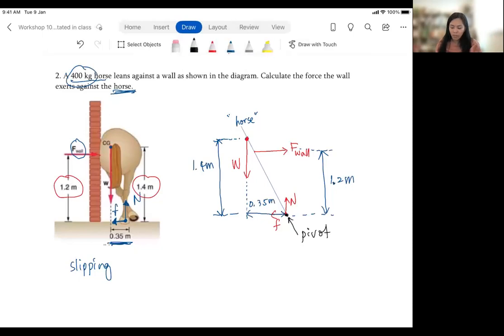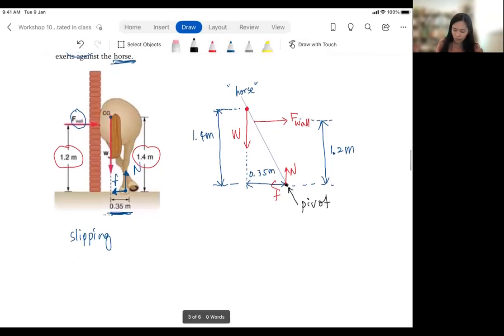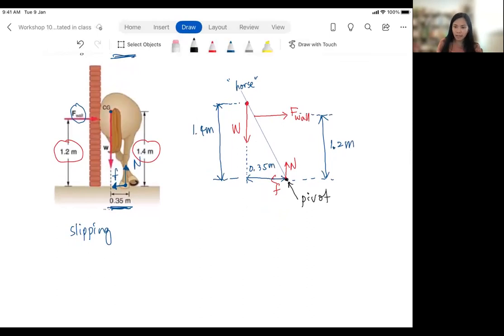Okay, right, so we choose that pivot point right there, and then we do the balancing of torques. Okay, so clockwise torque should be equal to the anti-clockwise torque about the pivot point. All right, so if you look at the weight force, it is pulling the horse downward.